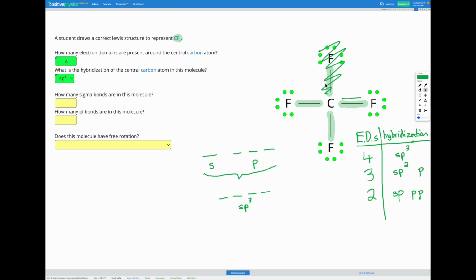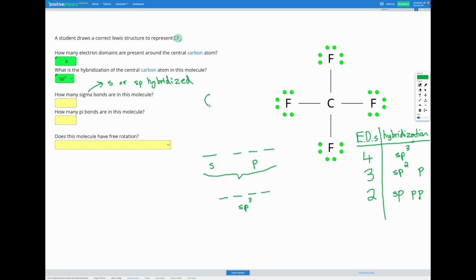The next question asks about sigma bonds and pi bonds. Sigma bonds are the type that are made from either s orbitals or sp hybridized orbitals. Due to the shape of these orbitals, sigma bonds aren't very rigid. They can be rotated around.